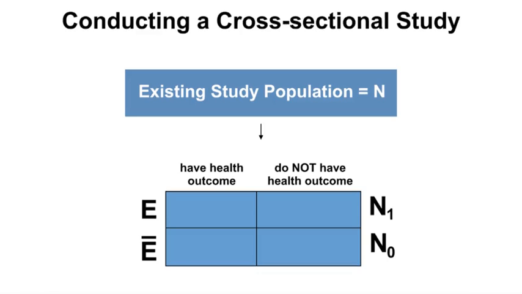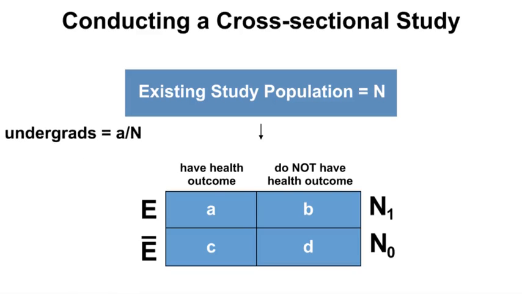Some cross-sectional studies ascertain just the prevalence of a health outcome, while other cross-sectional studies ascertain the prevalence proportion of a health outcome among the exposed and unexposed persons. For example, in this diagram, the prevalence proportion for the exposed is A over N1 and for the non-exposed is C over N0. For example, let's think about the prevalence of type 1 diabetes in undergraduates.